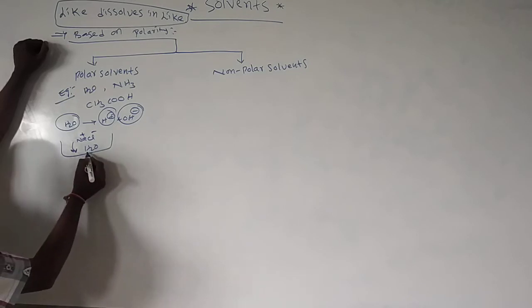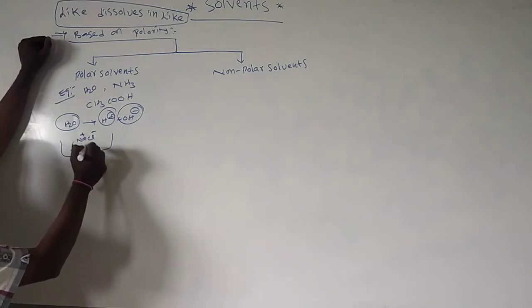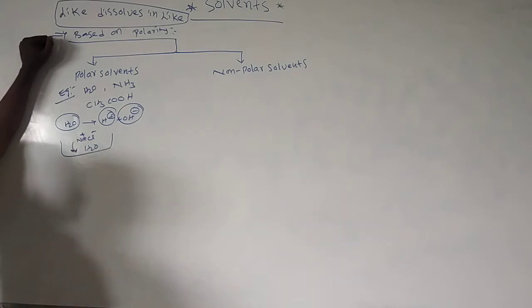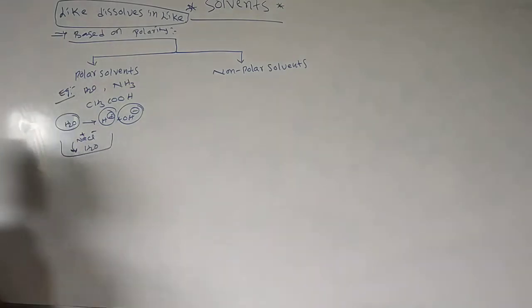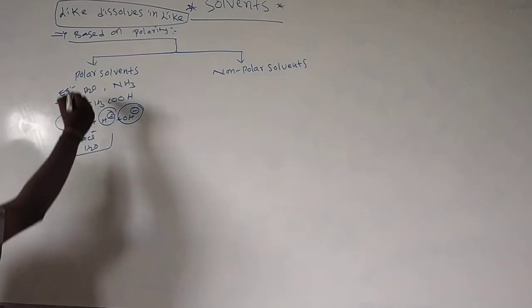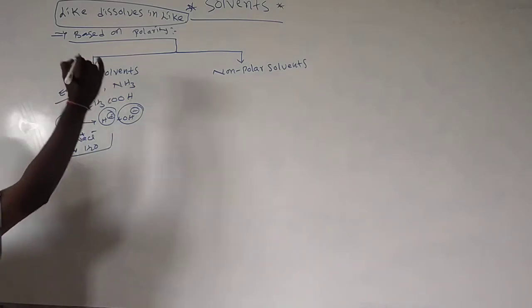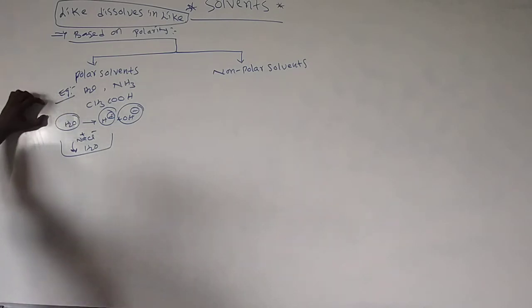Water is a polar solvent, and sodium chloride is also a polar molecule. So the attraction forces between these two increase. When the attraction forces between the two increase, the compound is easily soluble in the solvent. This is about polar solvents.